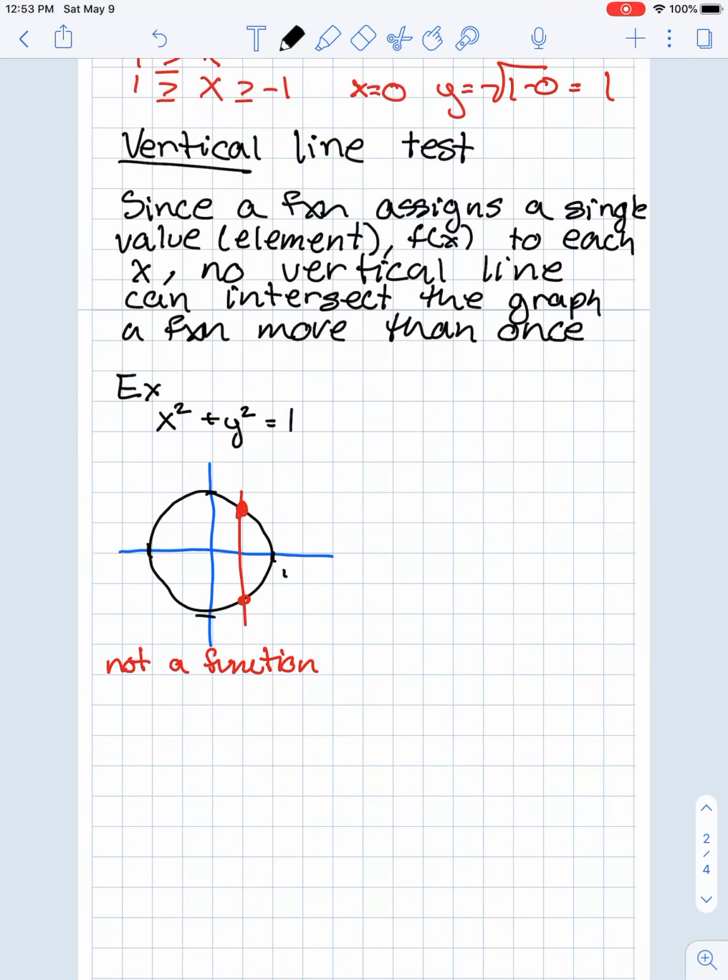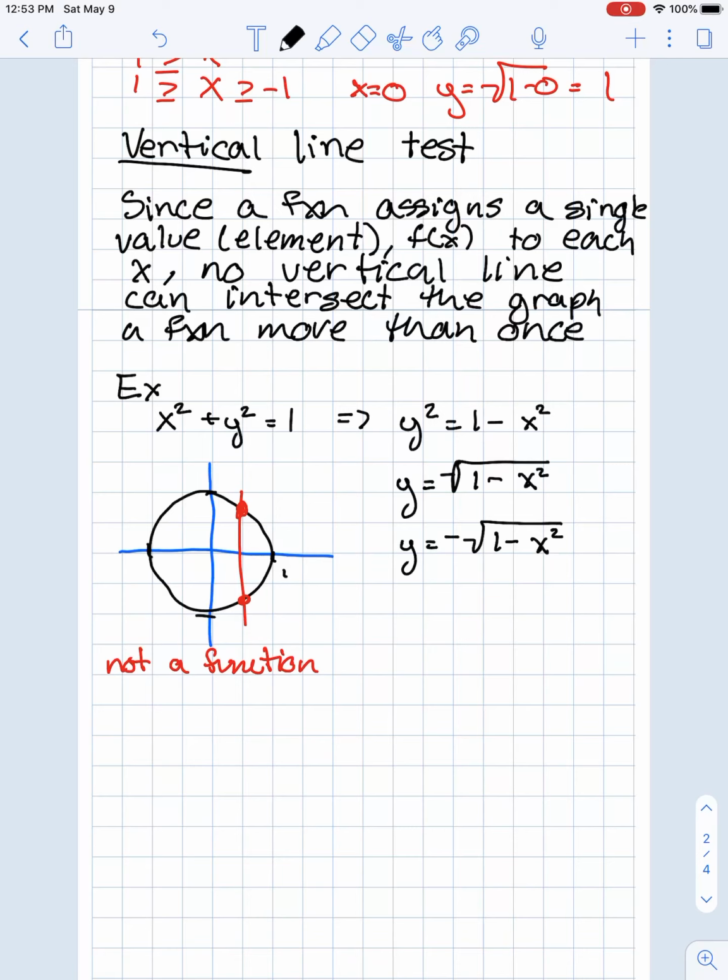What if I solve for y? Usually we like equations to be y equals something, right? So I'll have y squared equal to 1 minus x squared, and then I can take the square root of each side, so I'll get y equal to the square root of 1 minus x squared, and then I also get y equal to the negative square root of 1 minus x squared.